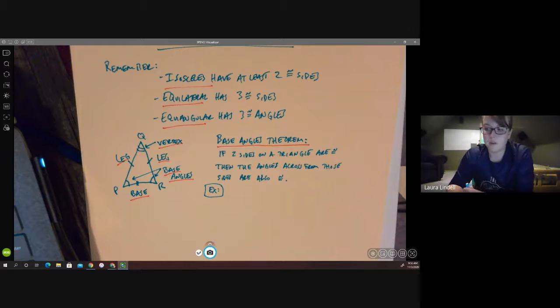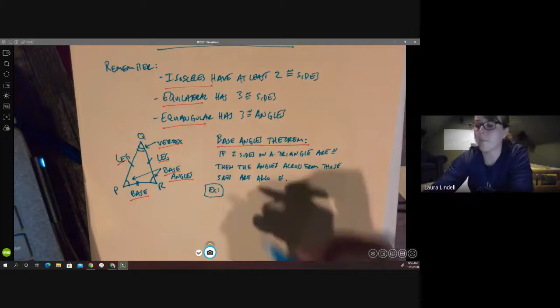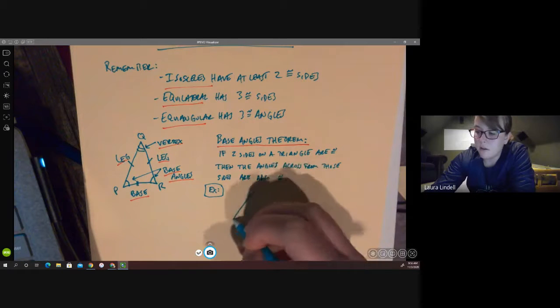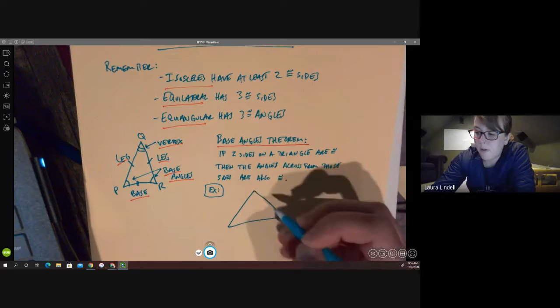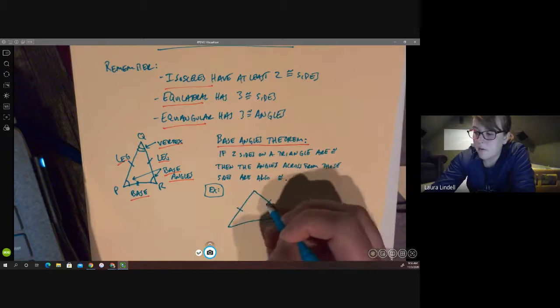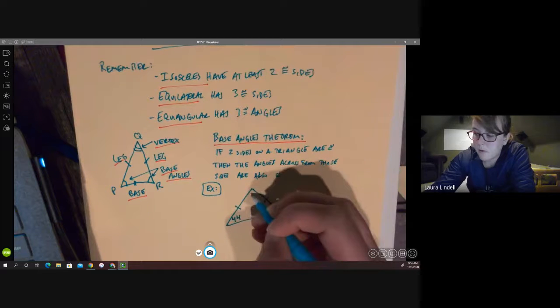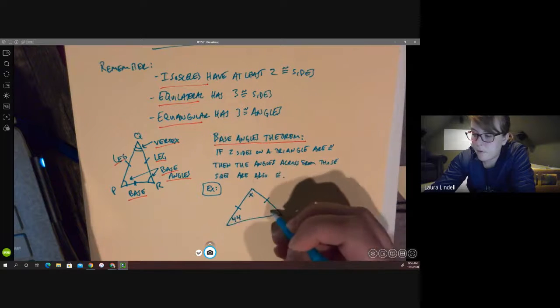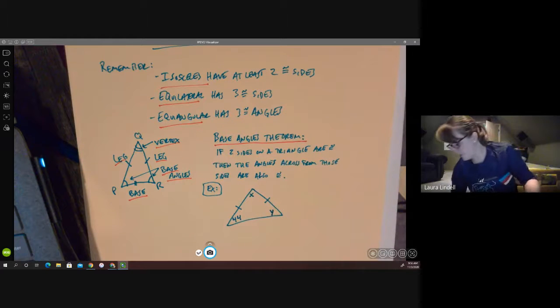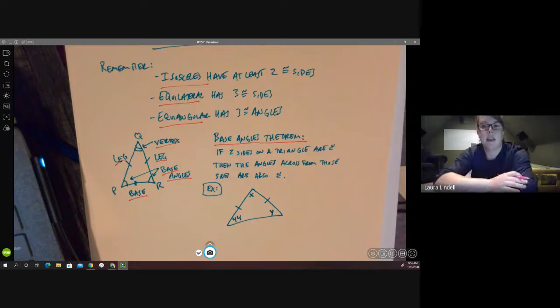Okay. So for this first example, which one do I want to be first? Okay. We might be given a picture like this and asked what the other two angles are.